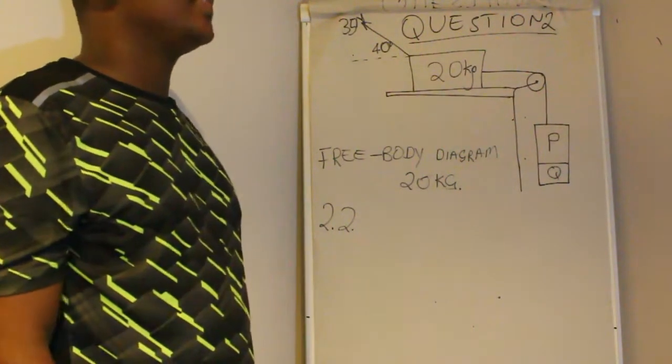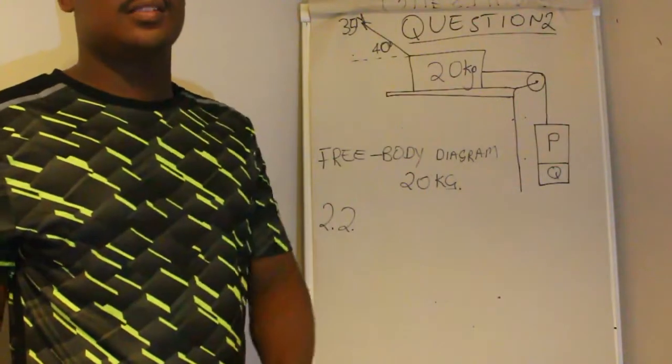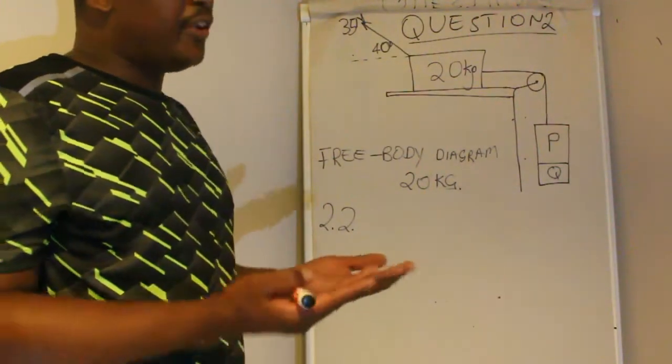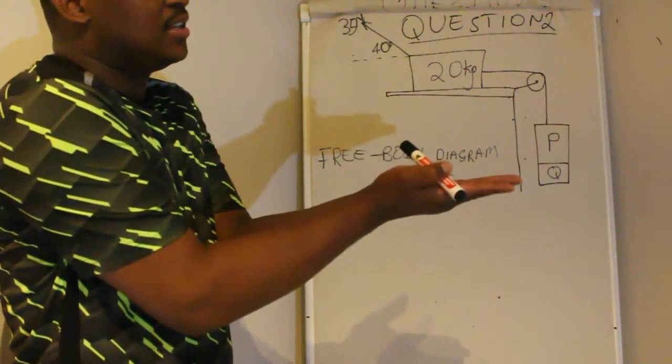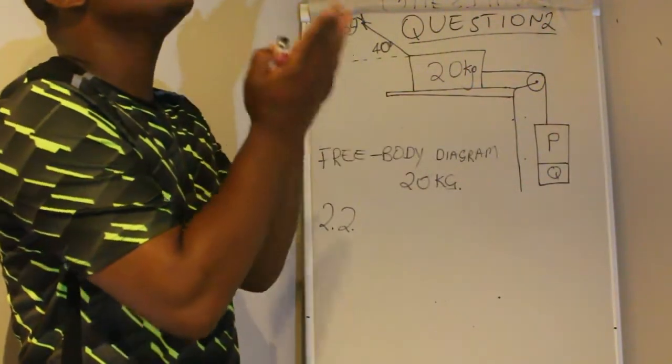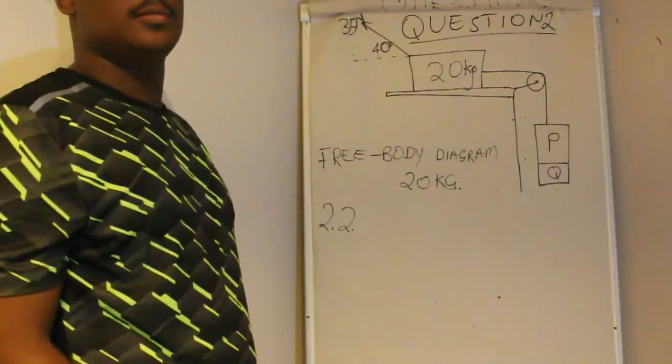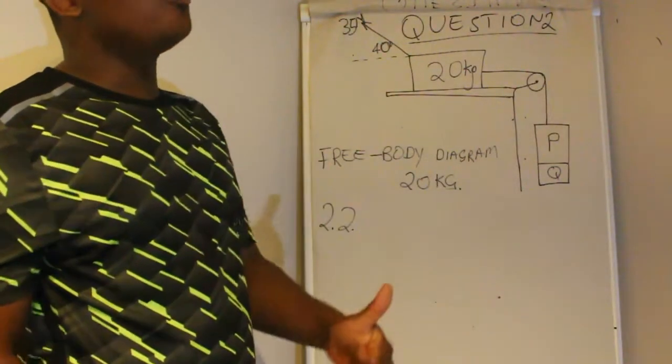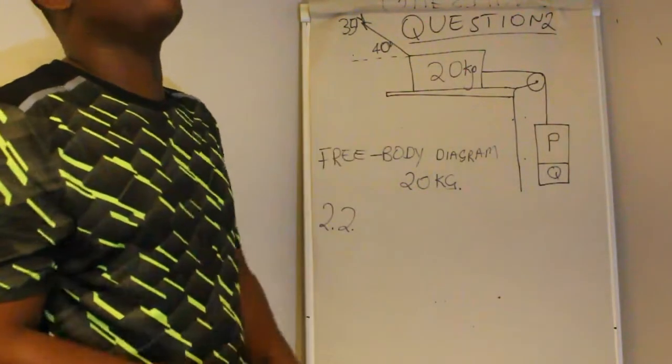Second of all is the normal force. If an object is placed on a surface, there will always be a normal force acting on it, and it will always be perpendicular to the surface. The most obvious is gravity because it acts in all of them.